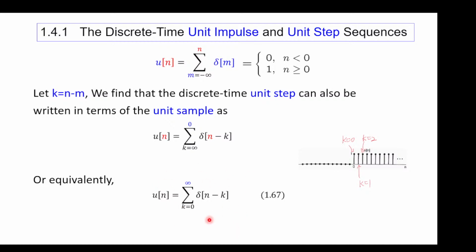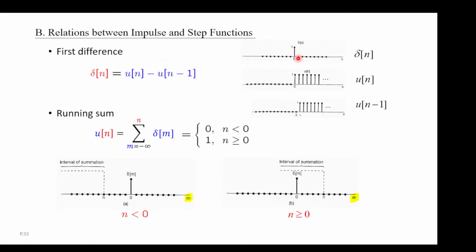Okay. And so here is the first picture. If we think of this equation as a function of n, then this will be kind of the reverse of this thing, and I think this is a more intuitive way to view this. You are just thinking, well, if the delta of n is the difference of this unit step function, then this unit step function is really the sum of this impulse at every time step.